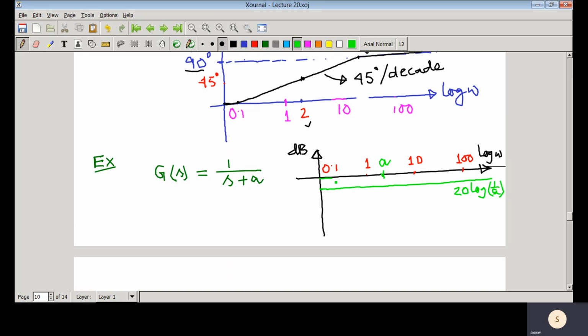The asymptote for 1 by s plus a, that means 1 by (s by a plus 1), would be like this, on the negative side, and this slope would be minus 20 dB per decade. So it would be flat up to this, and then the slope is minus 20 dB per decade. So this is the asymptotic Bode plot, that is the gain.